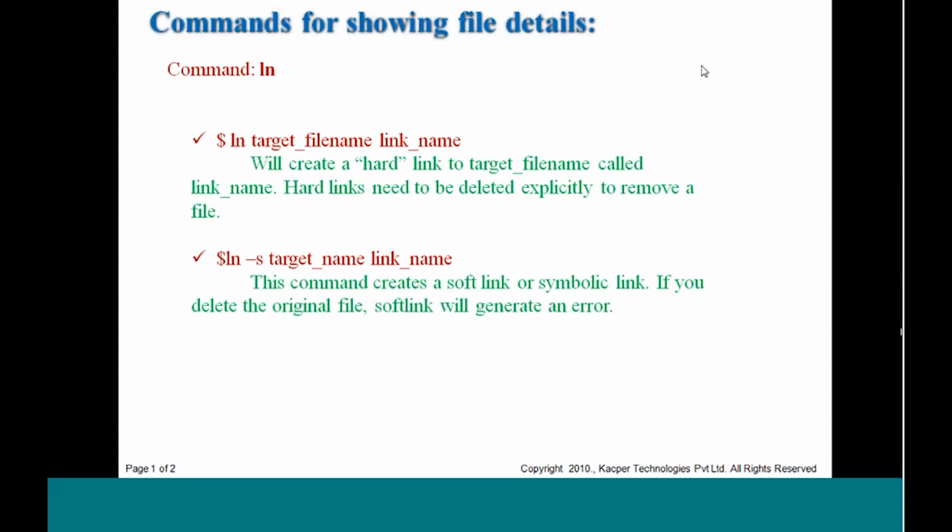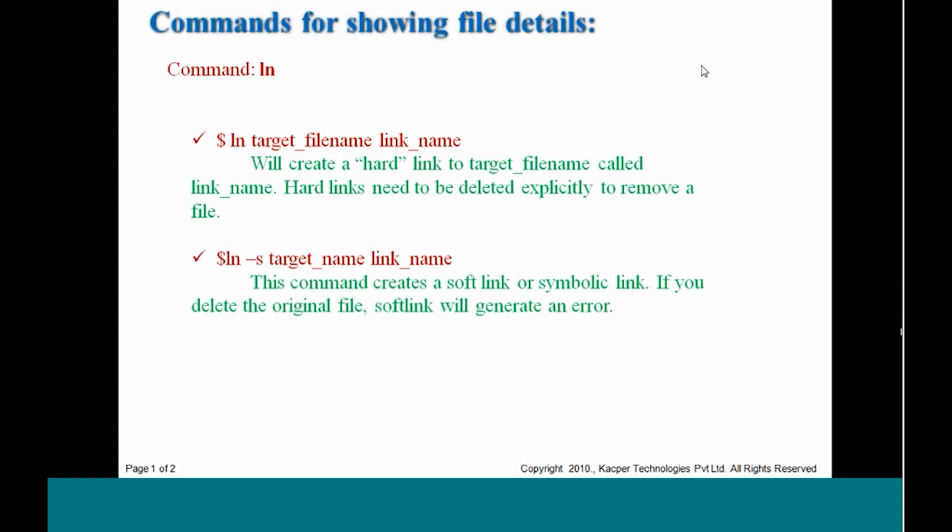A hard link is when we specify the command followed by the target file name and then the link name. Here both of them are arguments: the first one is the file name which you want to create a link for, and the second one is the name of the link that you want to create.